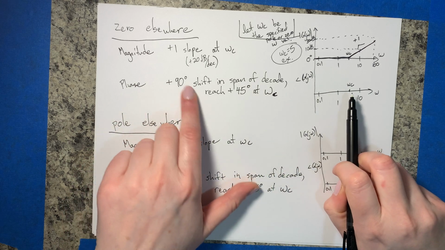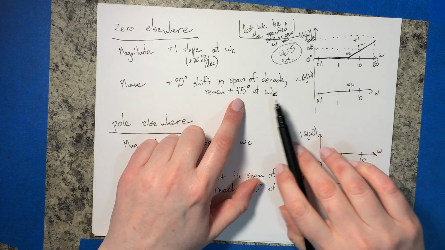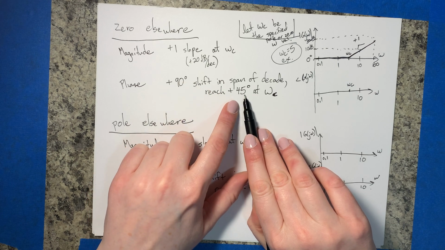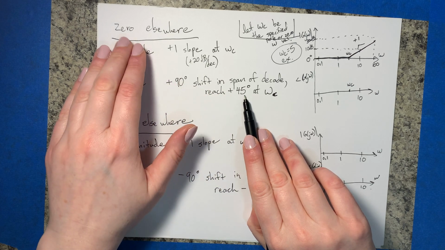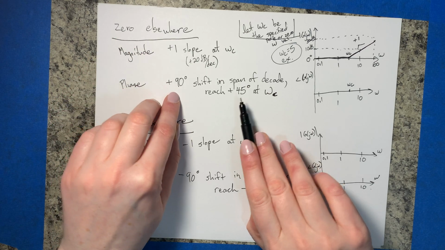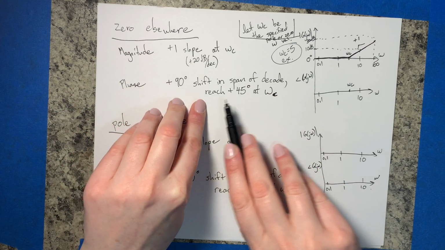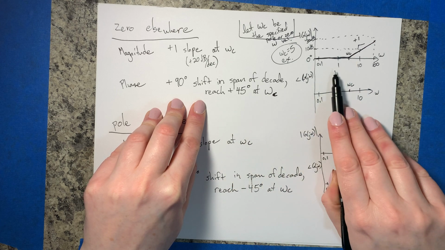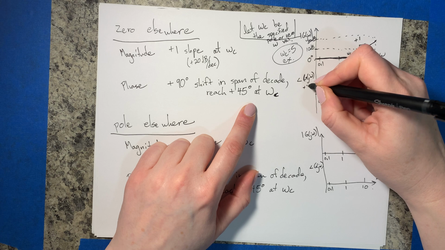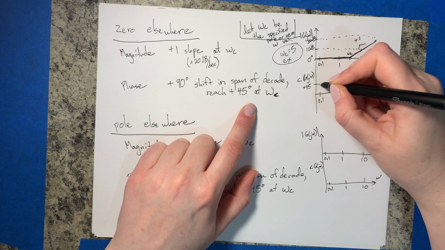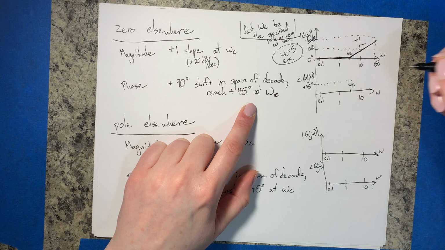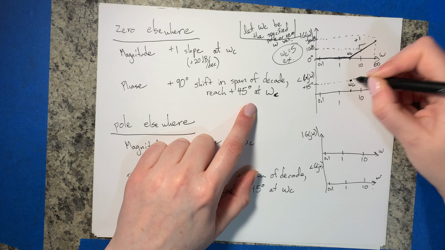No matter what it is, our approximation plots will be drawn this way, where we have half of the effect of the phase shift. Again, a zero does increase the phase by 90 degrees, but if it's not at the origin, then it has to happen over the span of a decade. So we have +45 degrees that happen at this omega c. So we know that we're going to be here.